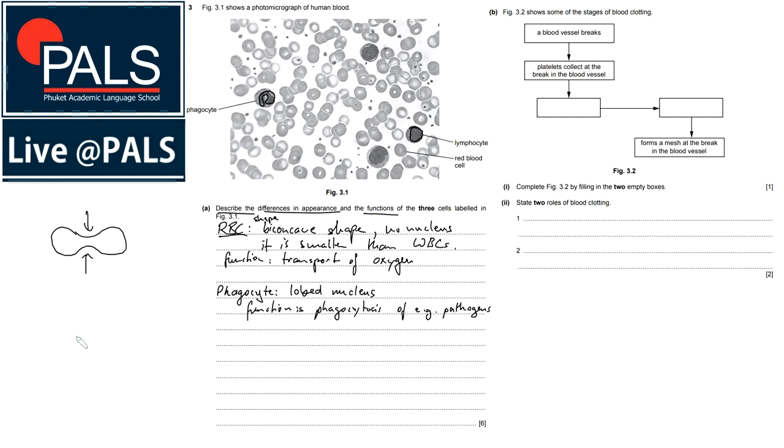Phagocytosis is a form of endocytosis where a cell basically eats another cell.